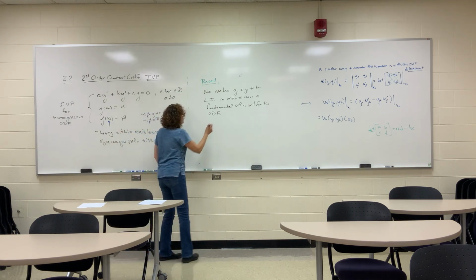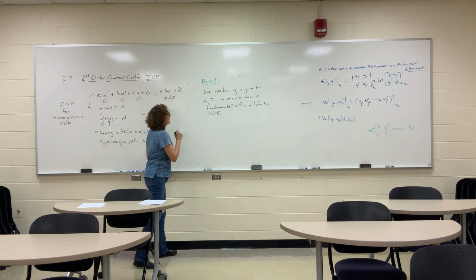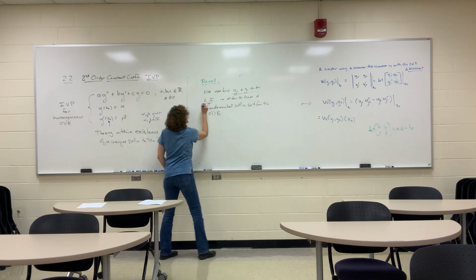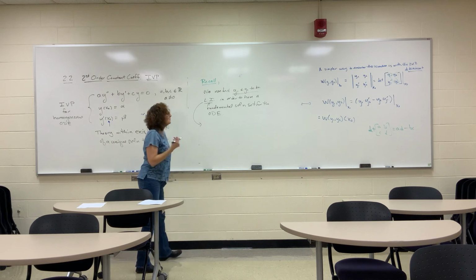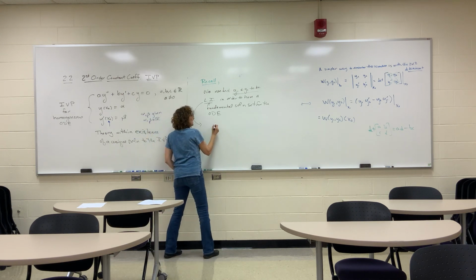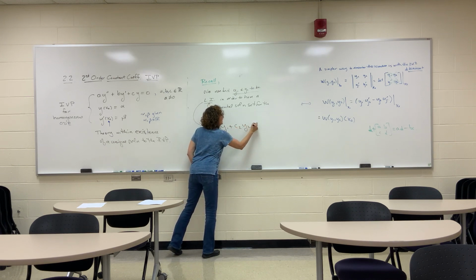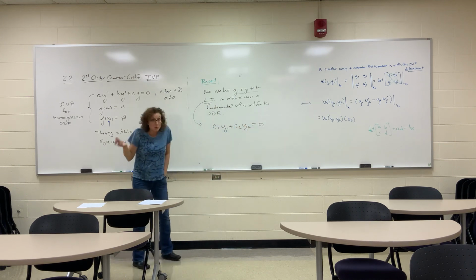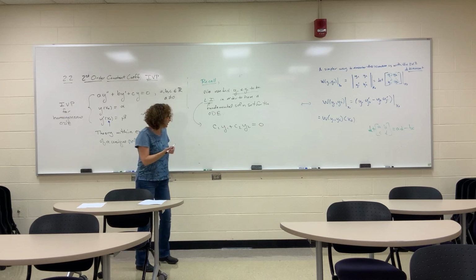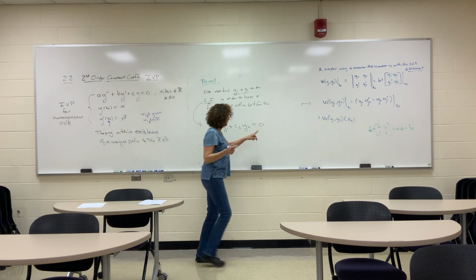C1 y1 plus C2 y2. So what does it mean that y1 and y2 are linearly independent? Well, that means C1 y1 plus C2 y2 equals 0 has only the solution C1 equals C2 equals 0, right?